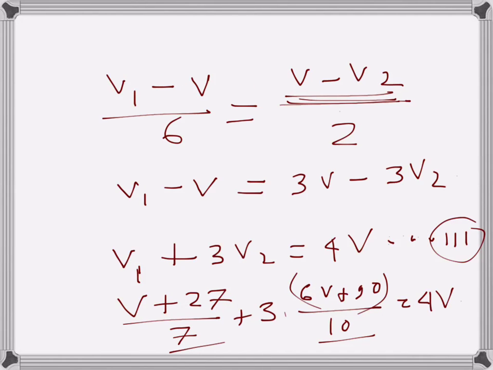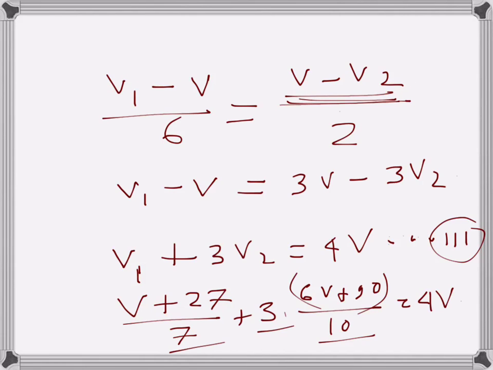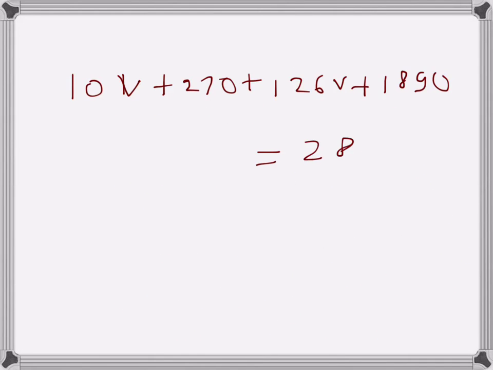So that becomes 10V plus 270, and then this one becomes 7 times 3 times 6, so 126V plus 1890, something like that, and on the right hand side I multiply by 70, so that's 280V.